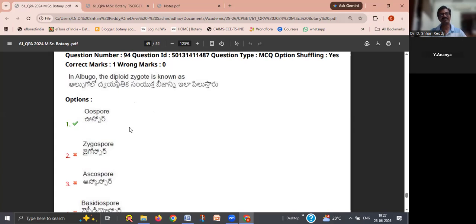And there is a difference between the oospore and zygospore. What is the main difference? During the reproduction, if the male gamete and female gamete are both of more or less the same size, also called isogamy, if both the gametes are similar in size and morphology, then the diploid zygote produced in that fertilization is called oospore.